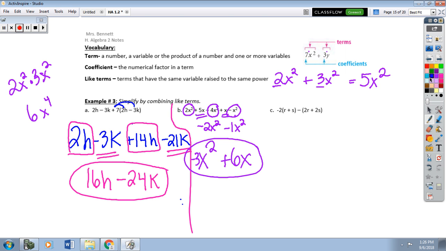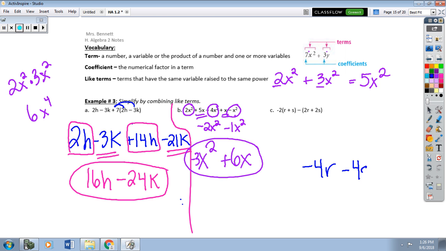All right, and then what did you guys get for C? Negative 4r. Close. We're missing an S. Justin? Negative 4r minus 4s.